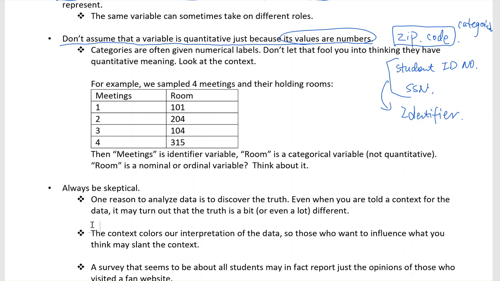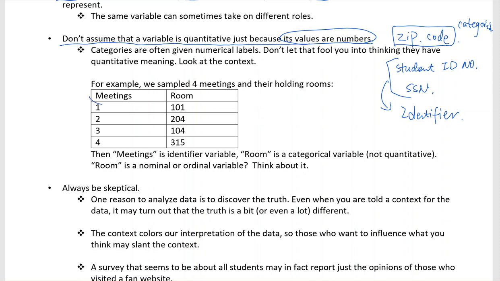So here I make up a simple example. I just make a table in the company giving you the information about the four meetings in this month, and the room assigned to each meeting. Think about these two variables.